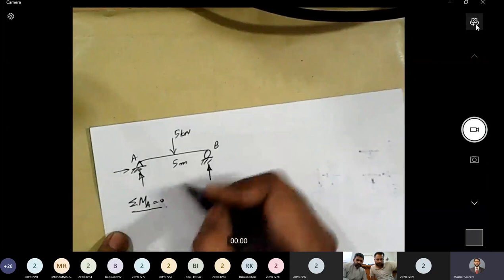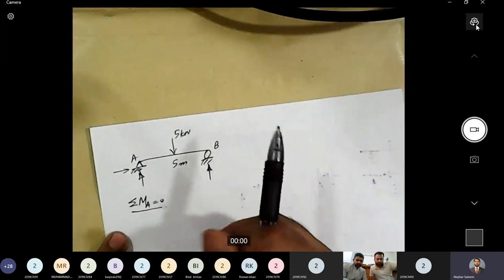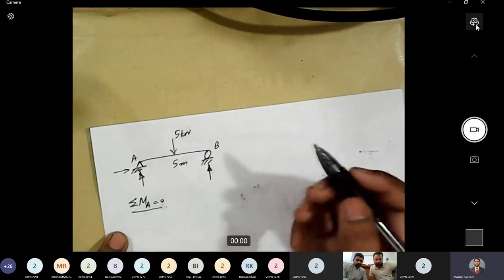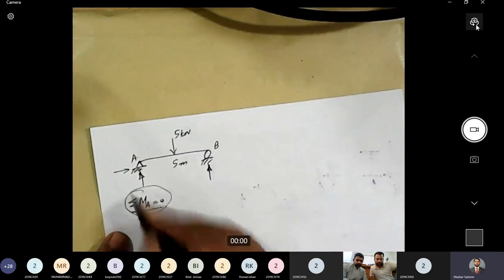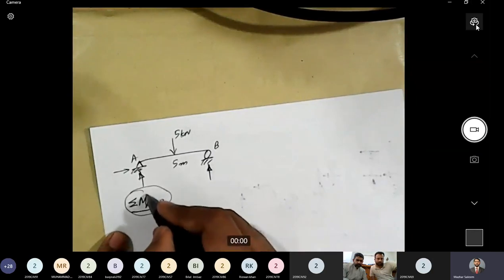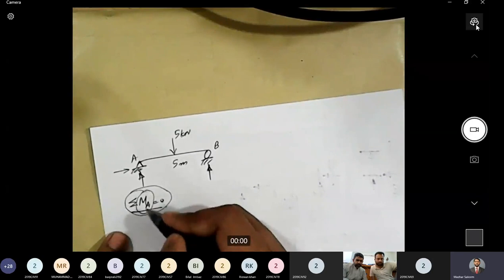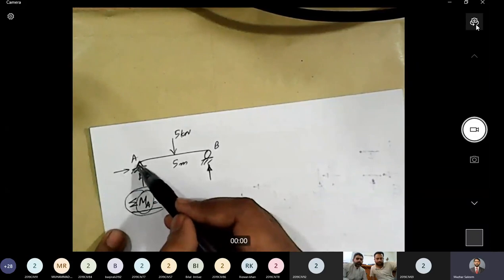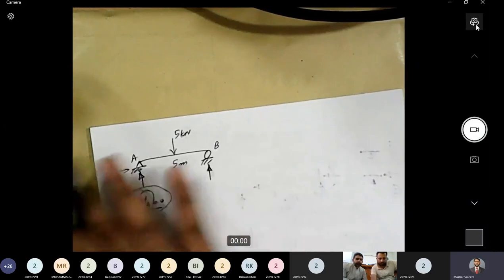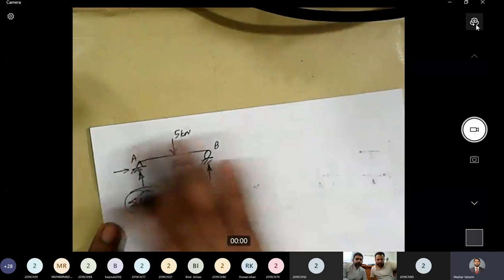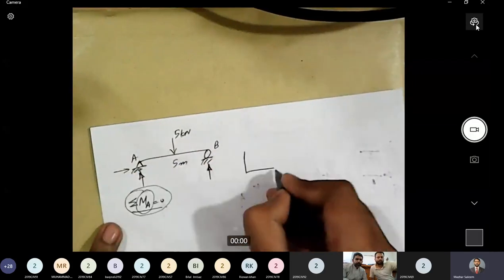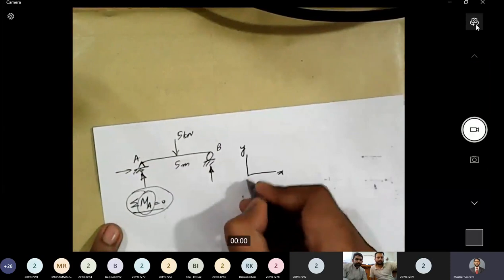But right now, if you want to ask what we mean by Mz, one more clarity. When I say sigma MA equal to 0, what do we mean by MA? By MA, I mean the moment about an axis which passes through point A and is perpendicular to the xy plane. Everything is in this plane. This is x, this is y, and this is z.